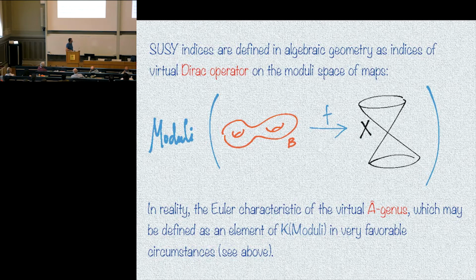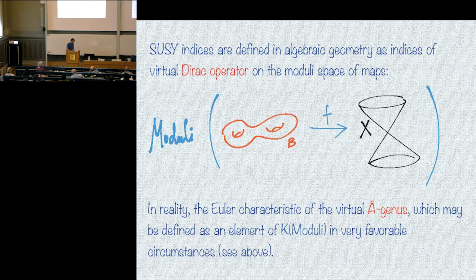So this is the moduli space of quasi-maps from your base curve B to this moduli of vacuum X. That's some countable union of algebraic varieties, very singular ones, but the virtual index of Dirac operator on them may be defined.